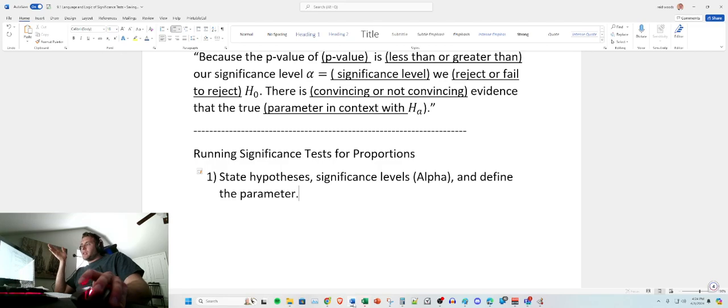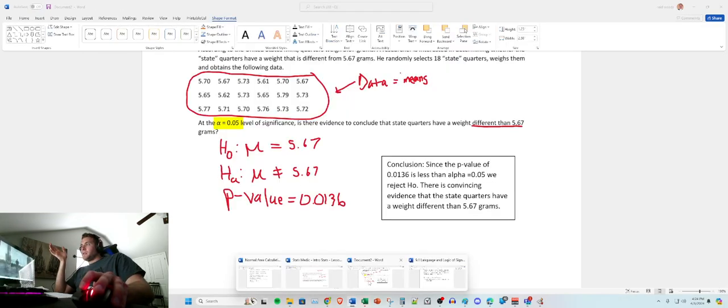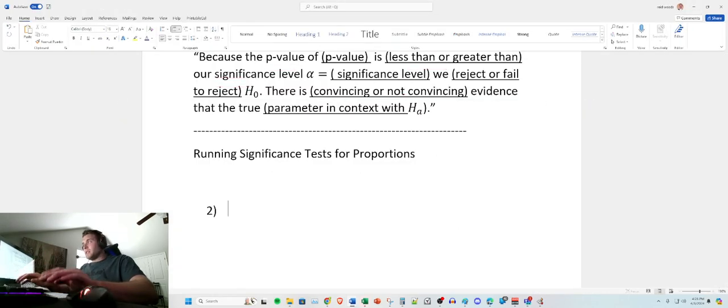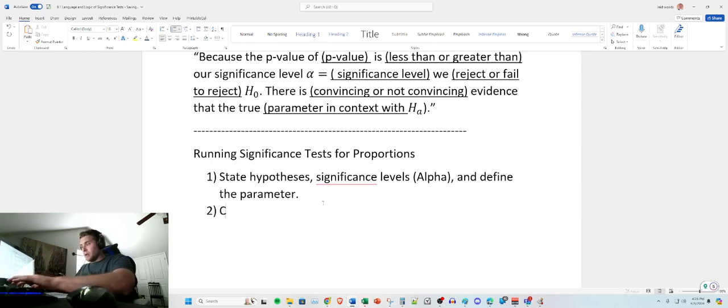This is exactly what we did today when we started with this. We stated the appropriate hypothesis and defined our parameter of interest. We didn't state alpha. They didn't want us to on this problem, but we did that down here. So I could move that up here to be technically correct. So that was step one. Step two, choose the correct inference method.